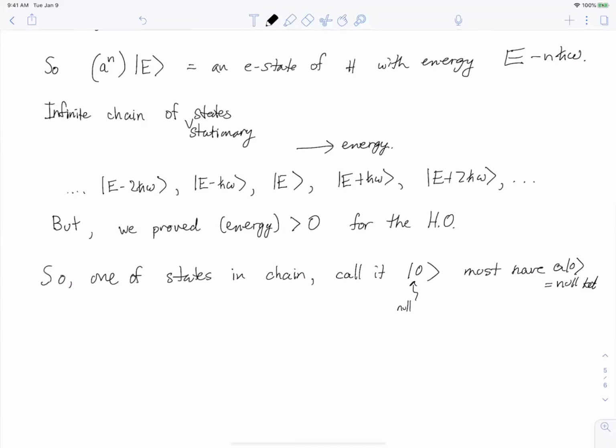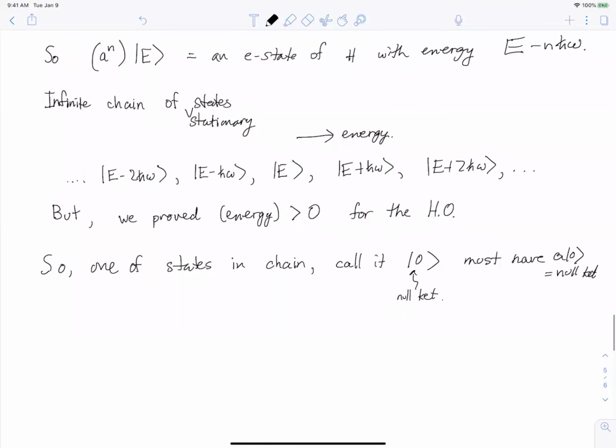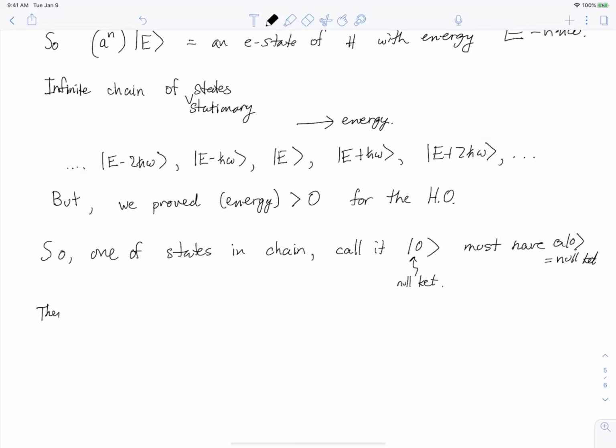It's the label for the thing that we act on to get the null ket. Okay, and then if we do that, then all kets that we thought we constructed with lower energy are actually not there. They are of the form lowering operator to some power acting on the state 0, don't exist as physical states, they're null.